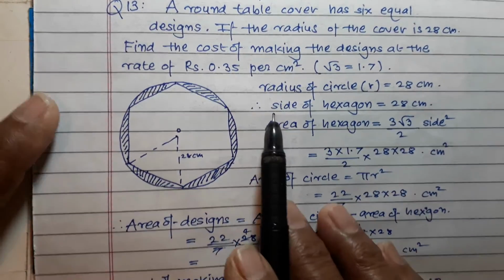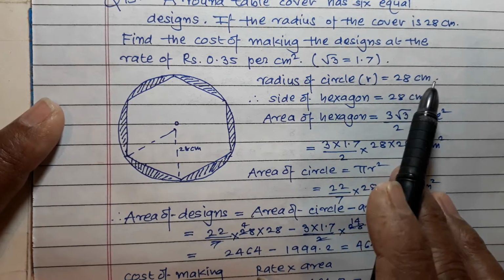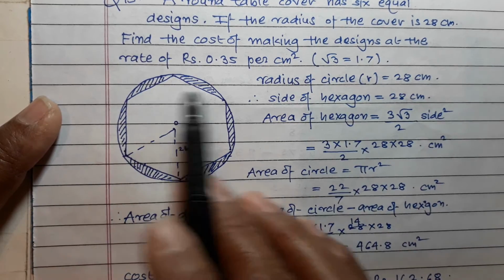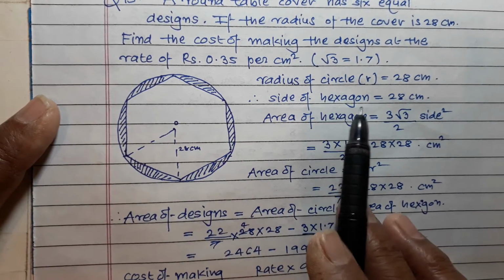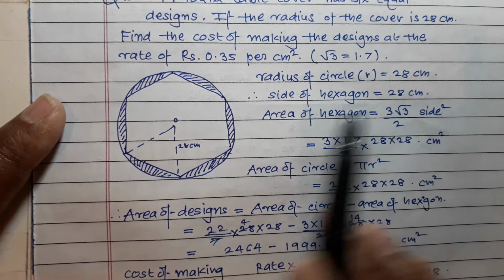Now radius of circle R is equal to 28 cm. Now this is a figure, and therefore side of hexagon is equal to 28 cm.